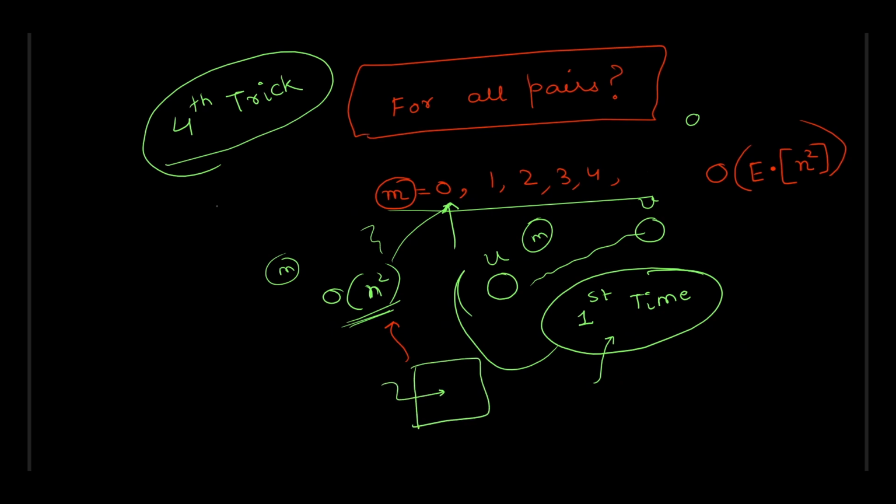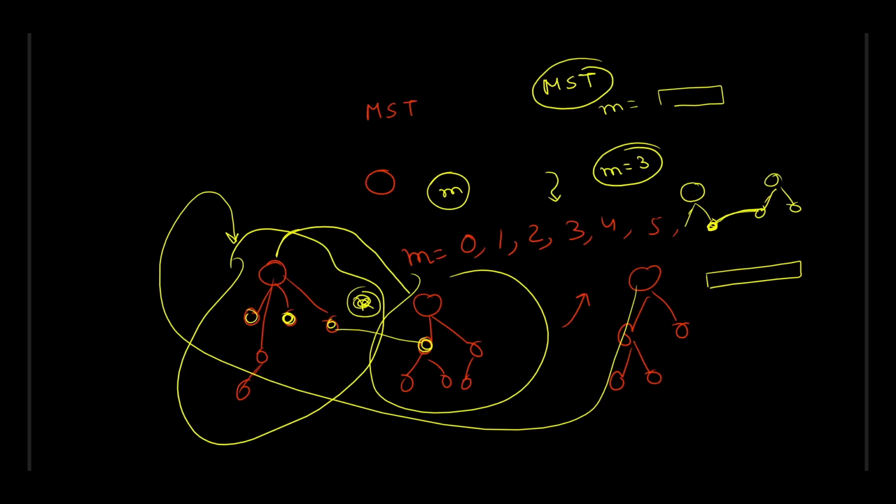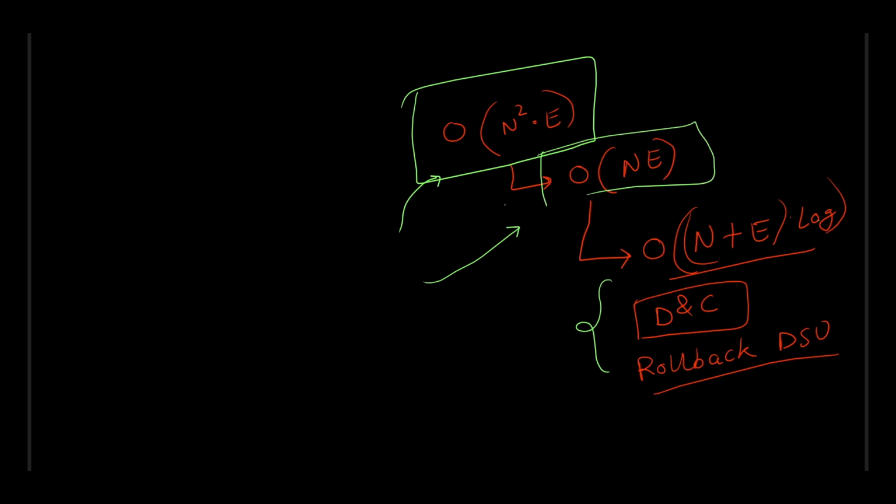And then how processing MEX from left to right will always give you the minimum. So a lot of things that we learned. And even if you don't get an AC on this problem, which you won't because the constraints are only designed for n plus e into log, I would strongly suggest you to implement this n square into e solution by yourself and n into e solution by yourself, so that you learn at least something from this video.